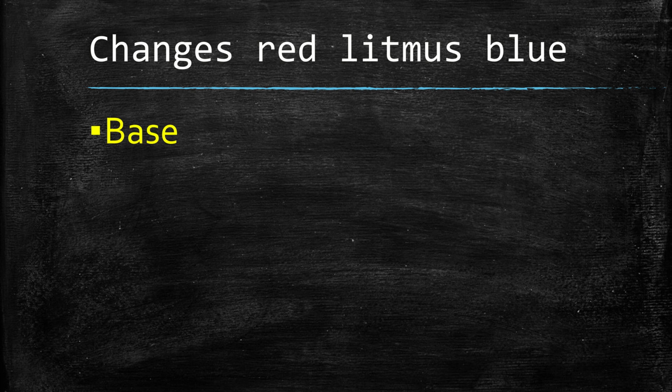All right, litmus paper. Litmus paper is something we call an indicator. An indicator is some sort of chemical that changes color in an acid or base.